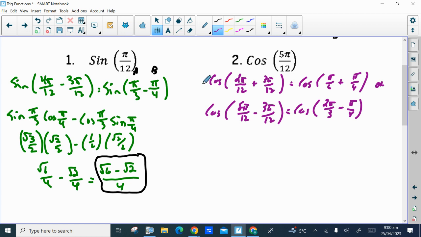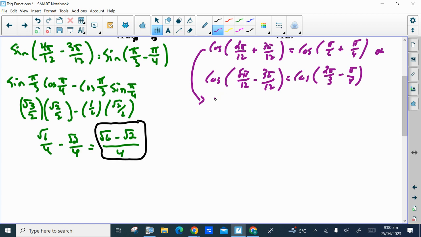I'm going to use the first one just because that is the one that utilizes angles in the first quadrant. So it is a cosine of pi on 6 plus pi on 4. So we need to use the sum identity for cosine, which is cos A, cos B, minus sine A, sine B.